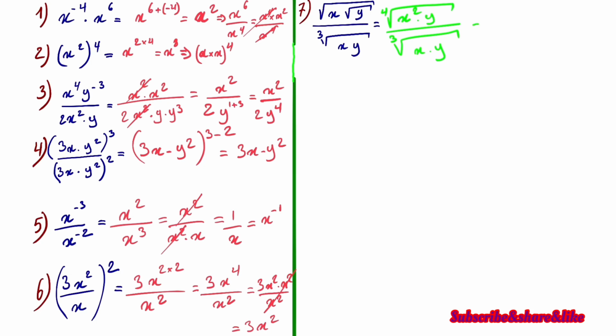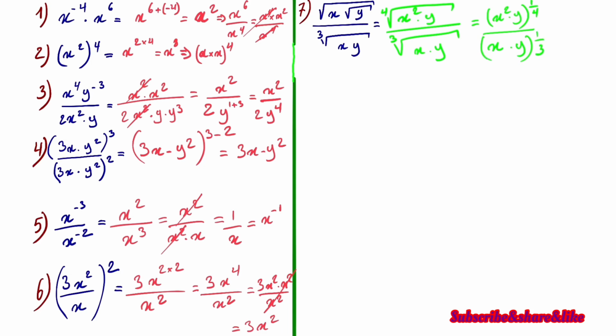So what it's going to give us here is just x squared times y to the power 1 over 4 over x times y to the power 1 over 3.